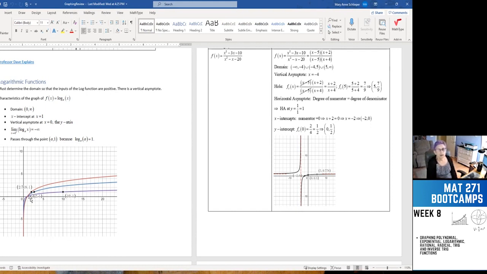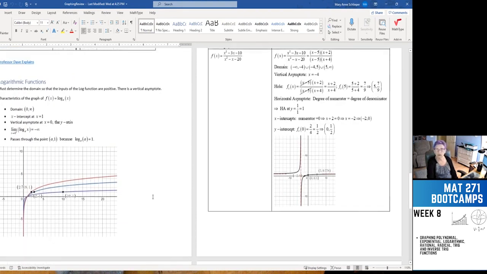And the vertical asymptote is the y-axis, and it approaches negative infinity as you approach 0. So as x approaches 0 from the right, the log goes to negative infinity, and it always passes through the point (a, 1) because, again, logs are exponents and a to the first power is equal to a.